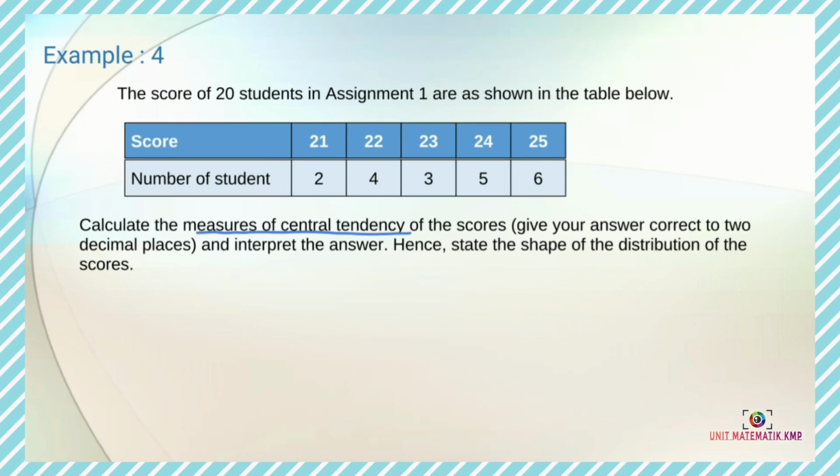The last one for the measures of central tendency is mode. And here, to find the mode, we have to see which one is the highest frequency. And now, the highest frequency here is 6 and the score is 25.